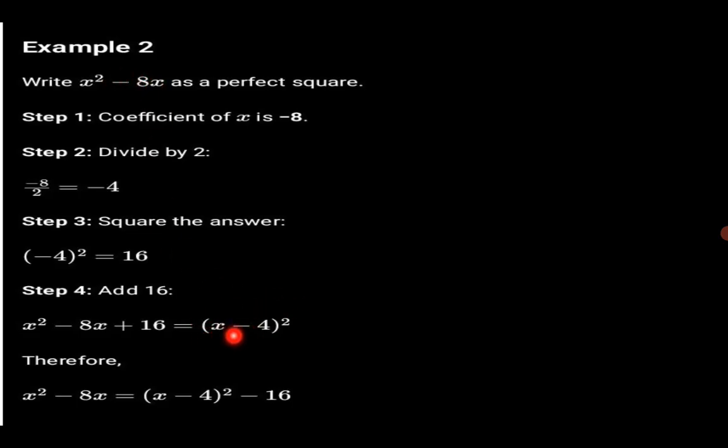When factorized, it's going to look like this. So this expression is going to be x minus 4 squared. Therefore, x squared minus 8x is equal to x minus 4 squared minus 16. So kindly go through these examples and convince yourself that you can handle problems of this nature.